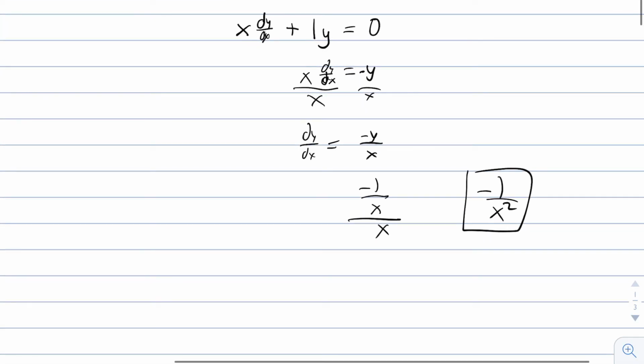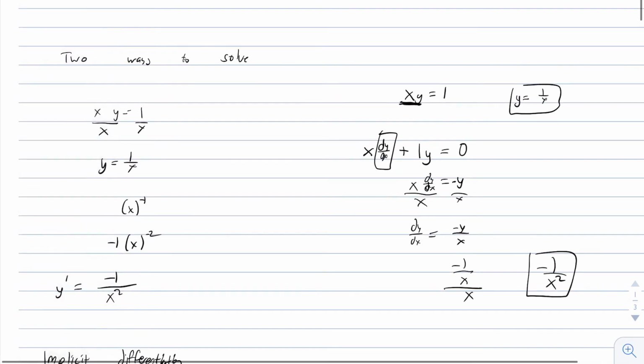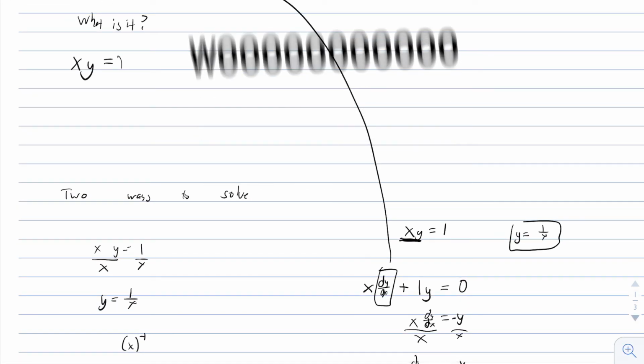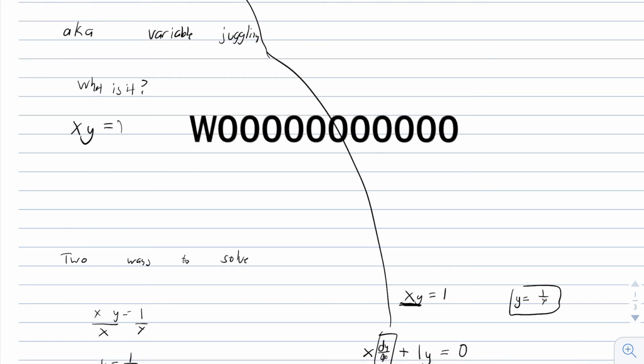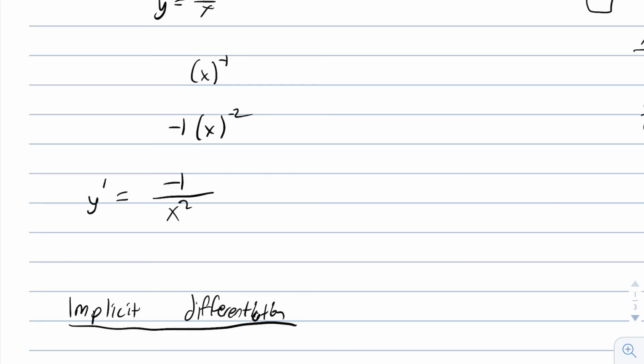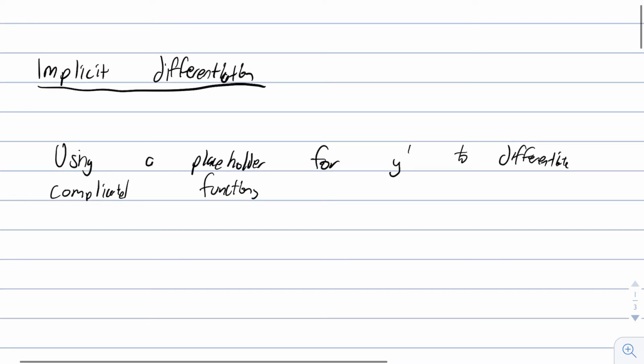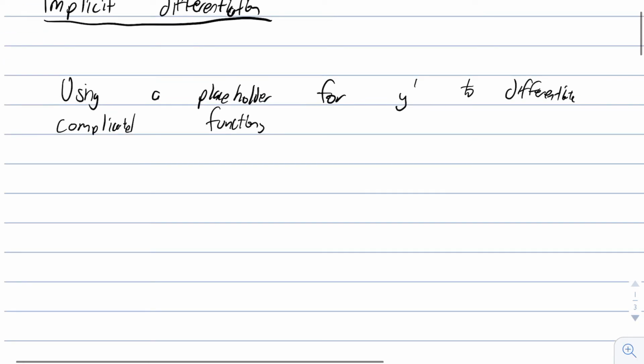So this little substitution, that's implicit differentiation. Woo! My sound effect budget is pretty low, so that's why I did that. So, implicit differentiation: using a placeholder for y prime to differentiate complicated functions, or, as I call them, weird.